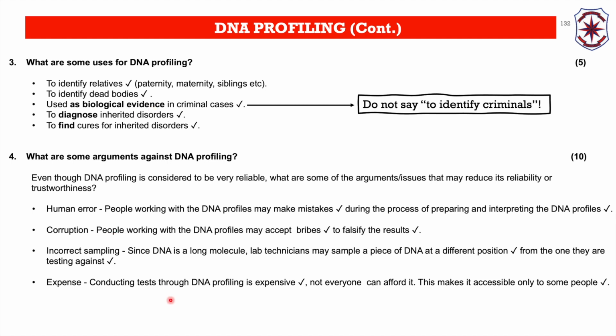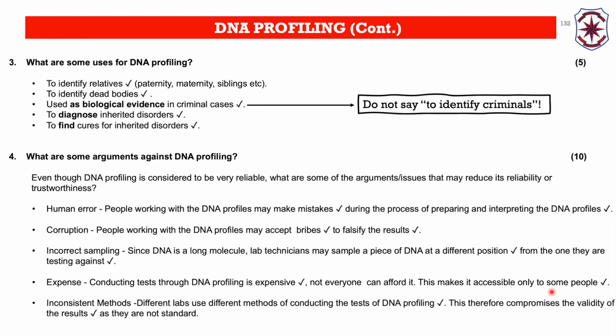So if you don't have the money to prove that somebody else is the father, unfortunately, you might lose the case. So it being expensive and only accessible to people with money makes it unreliable for a set population of people that cannot afford DNA profiling.